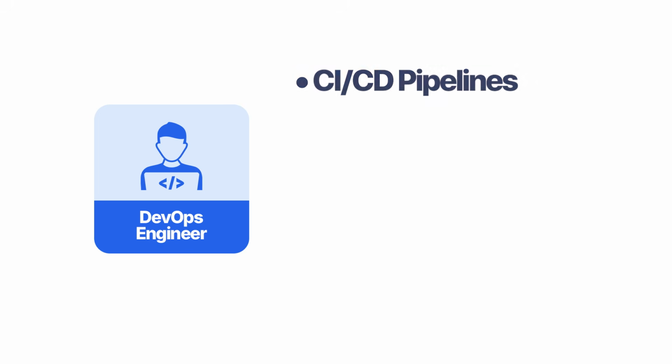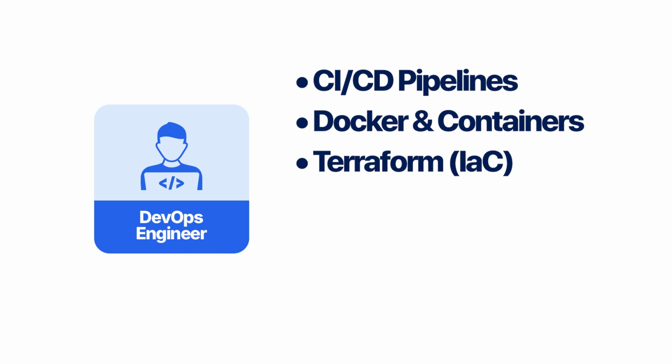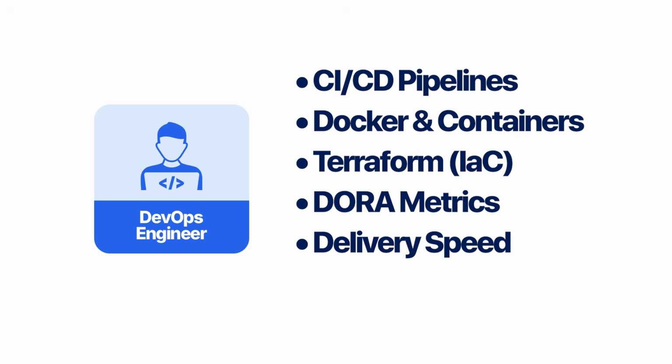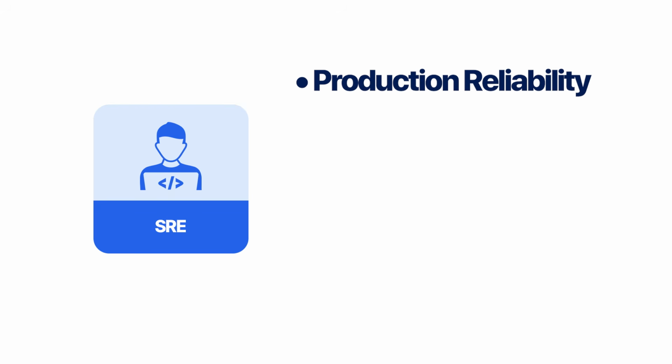Okay, so just to summarize the clear distinction, I'll share a diagram on the screen. The DevOps engineer builds the pipeline: CI/CD, Docker, Terraform, DORA metrics, speed of delivery, and it is a broad generalist role. Then comes SRE, which owns production reliability, and it's usually on call.